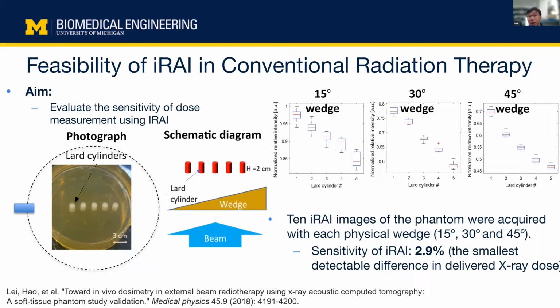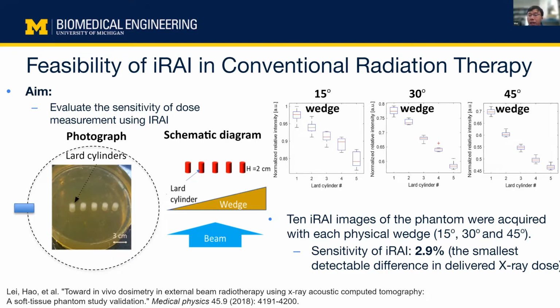According to the result, you can see that with 50 degree, 30 degree, and 45 degree wedges, we are able to distinguish the radiation dose delivered in different cylinders, which means that the system is able to detect the difference in delivered X-ray dose.